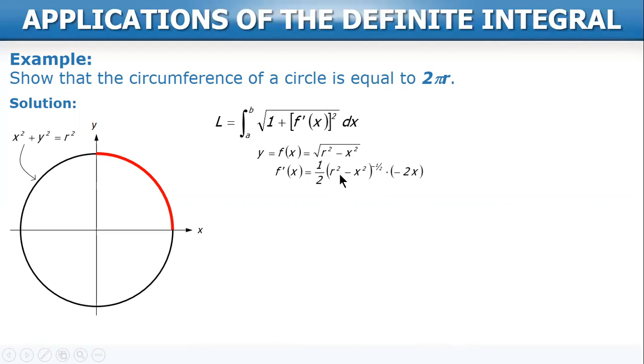Times derivative sa sulod, which is negative 2x. 2 is cancelled. So, pag simplify this one, negative 1/2 man, we can bring it down. So, denominator, the result is this. Negative x over square root of r squared minus x squared.